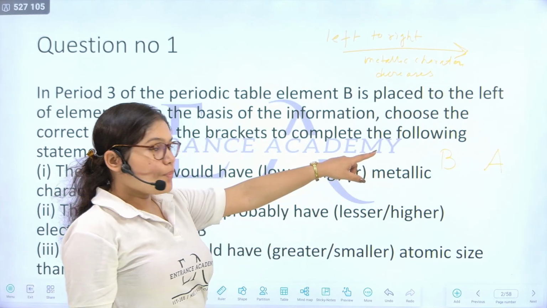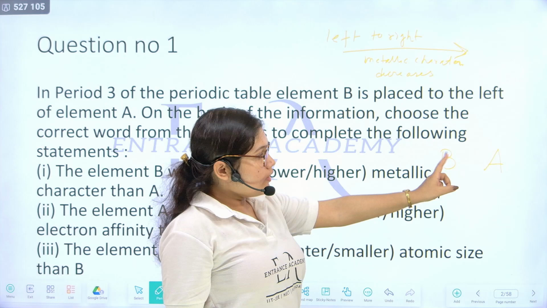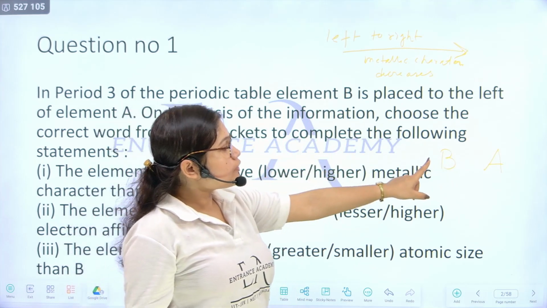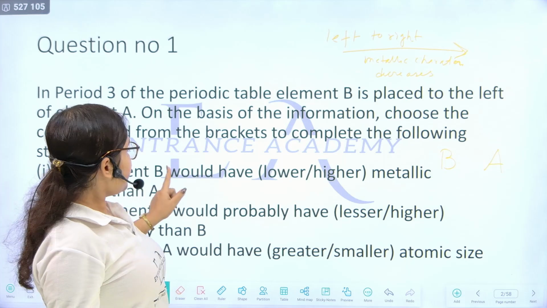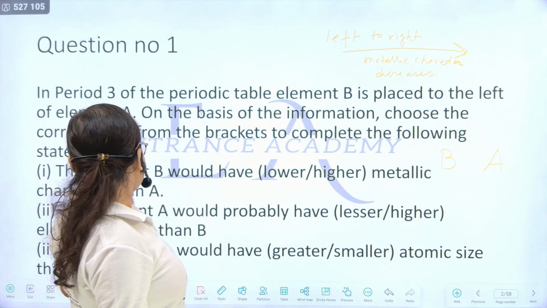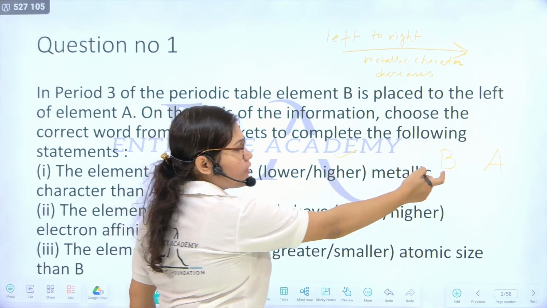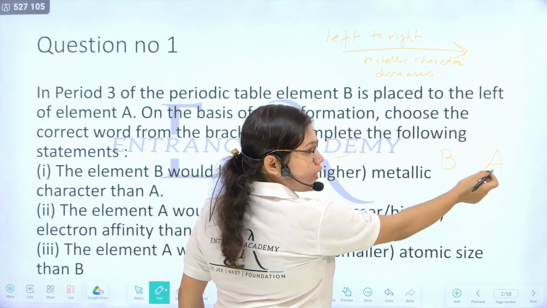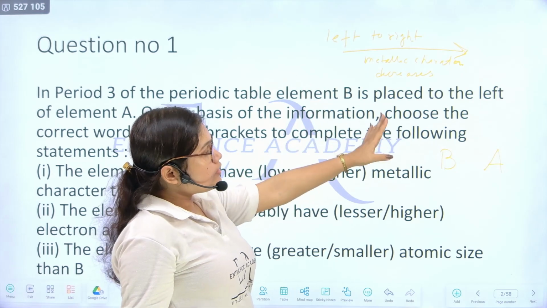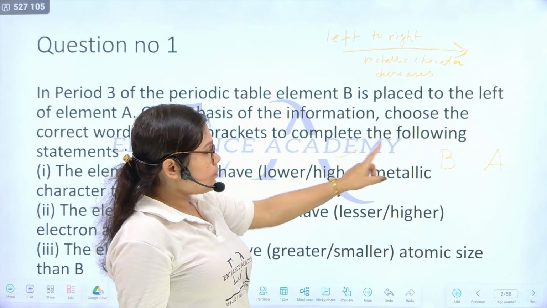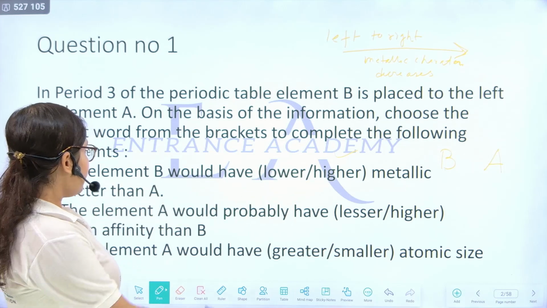So if in the periodic table B is placed left to element A, then the metallic character of B is more than A. So the answer is higher. Higher metallic character, just because B is left to A. According to the periodic table, metallic character decreases from left to right across a period. That's why it has the higher metallic character than A.